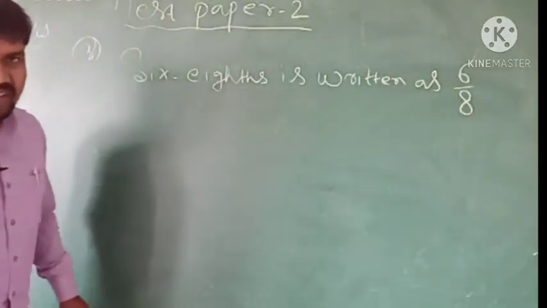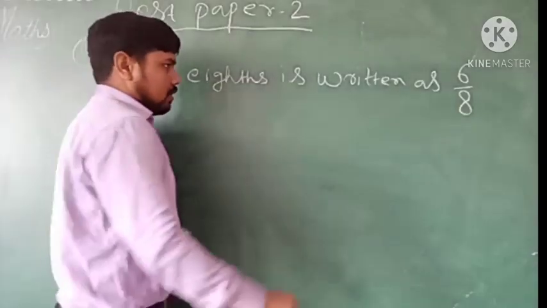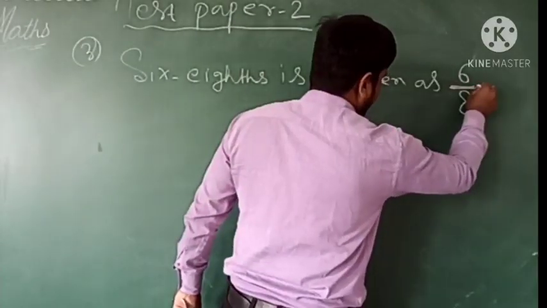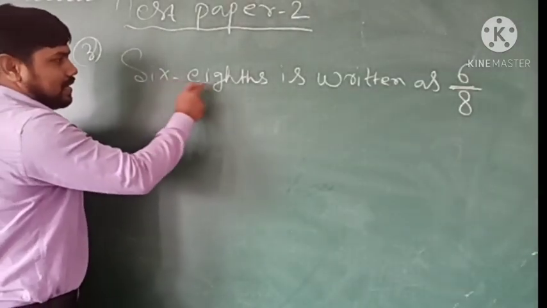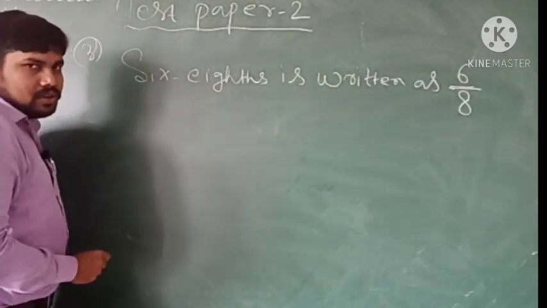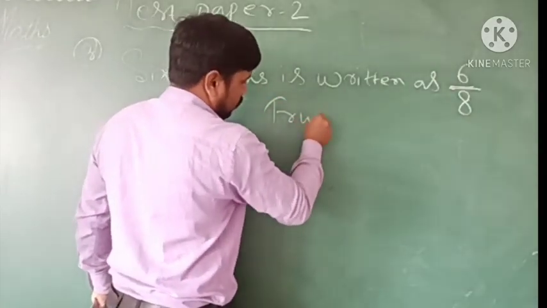Definitely in fractional numbers we have learned that we can read the fractional number like 6 by 8, and then we can write it like this. So this statement is also true, right?